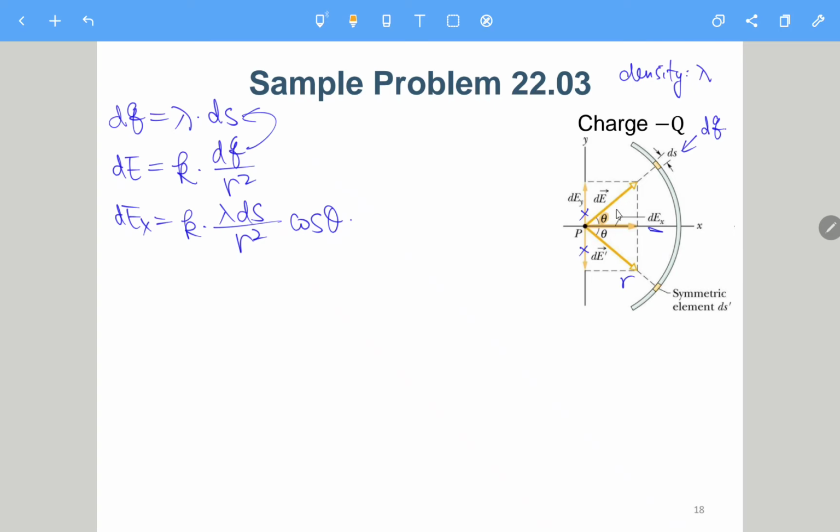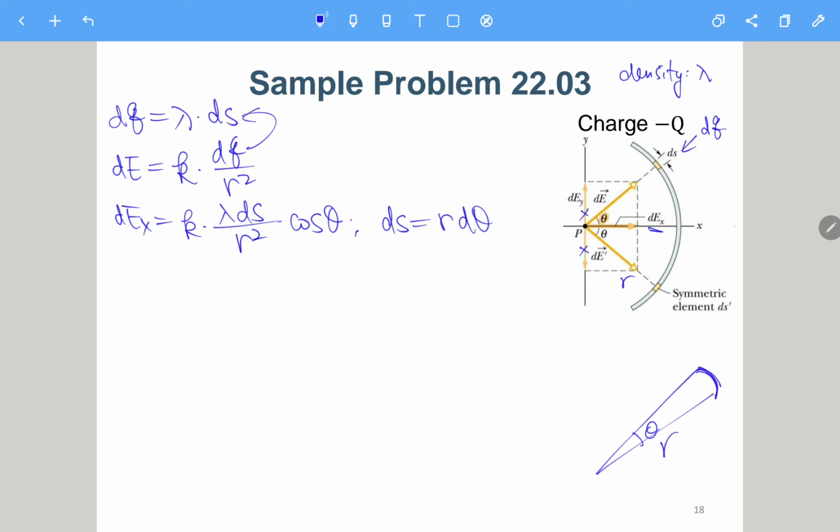Okay. And the next step is we have ds should be r d theta. I suppose you should have learned this in high school mathematics. So this angle is theta, and this is the radius.